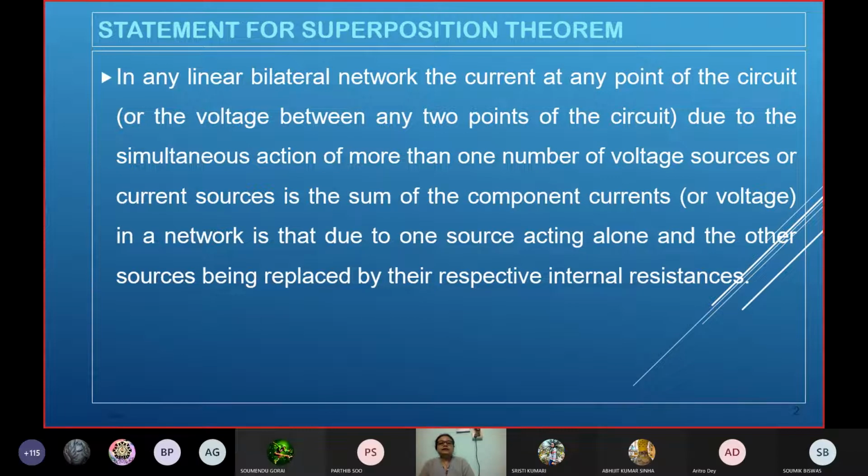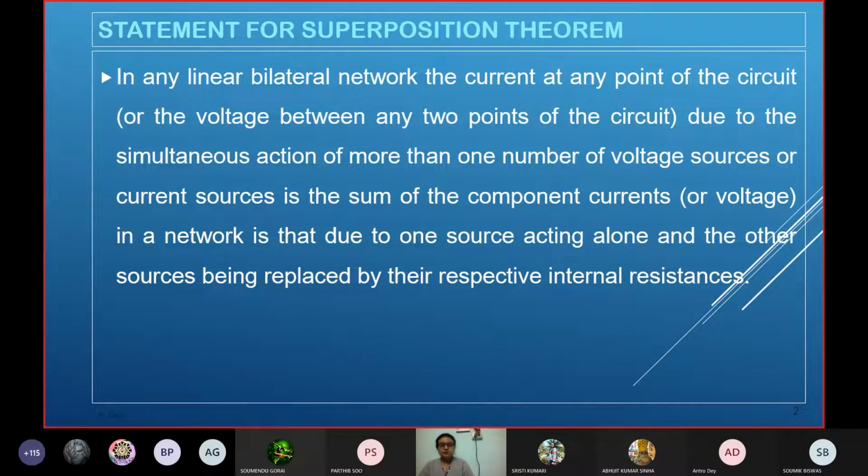Not only that, the network should also be bilateral, a linear bilateral network. Linear means homogeneity and superposition will be obeyed, and bilateral means current can flow in both directions in any branch of the network.